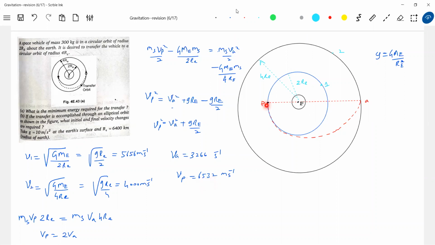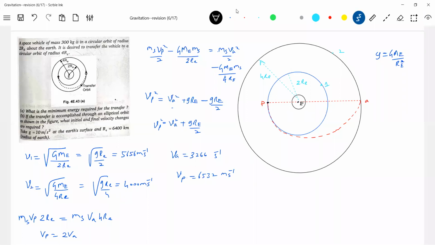What is the velocity change? Initial velocity change should be VP minus V1. Final velocity change: VA is initial, V2 it should acquire. So VA is how much? 3,000, this one. It has to be again fired at apogee. The rocket should be fired at both perigee and apogee.